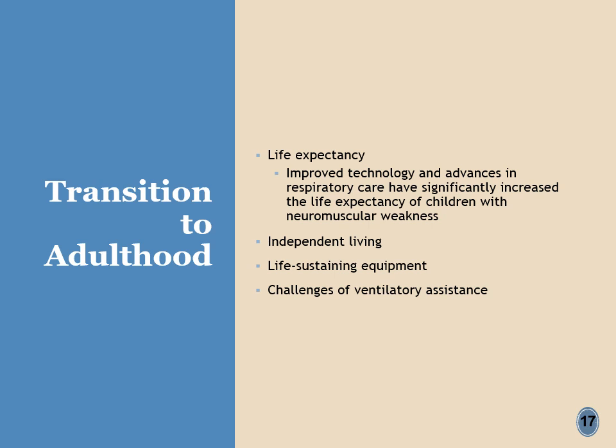Many of them survive into adulthood, and the transition to adulthood requires increasing reliance on ventilator assistance, nursing support, and assistive technology to help achieve independent living. Other issues that persist across all childhood chronic illness is the need for age-appropriate caregivers so that older adolescents and adults can begin to receive care in an adult healthcare environment.